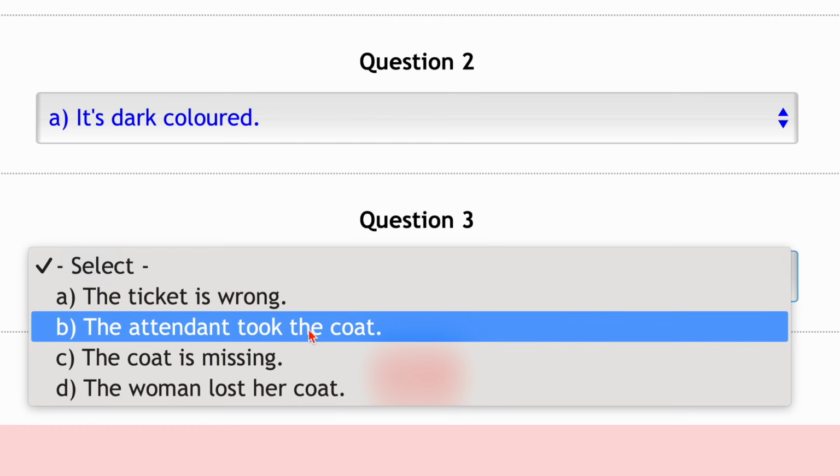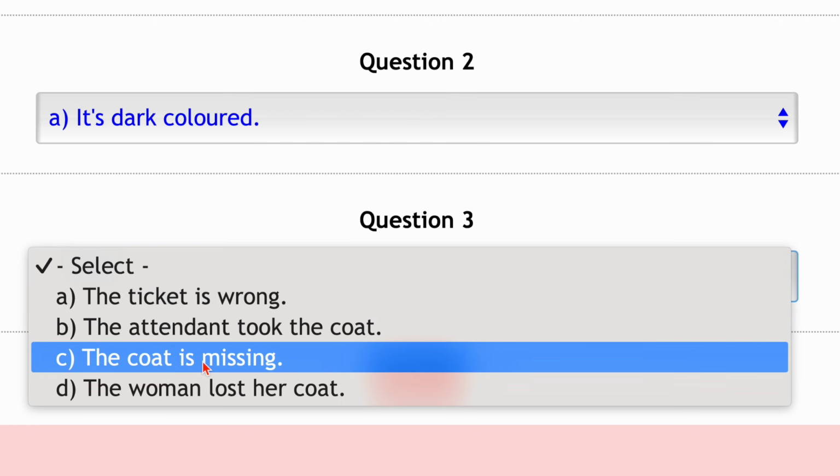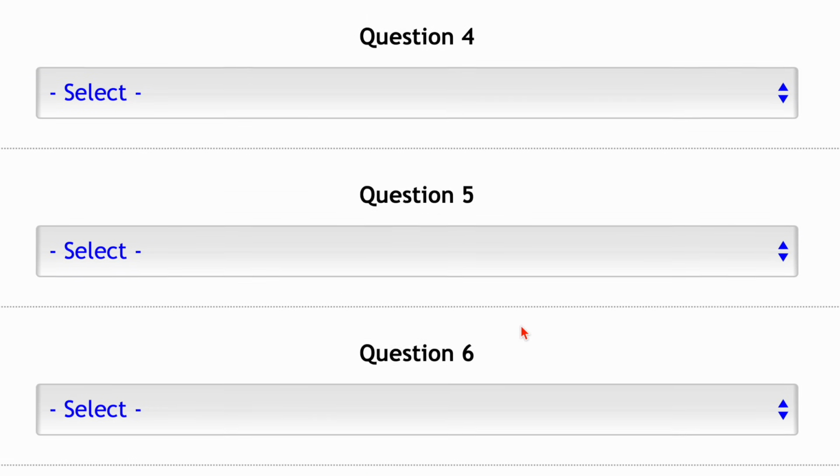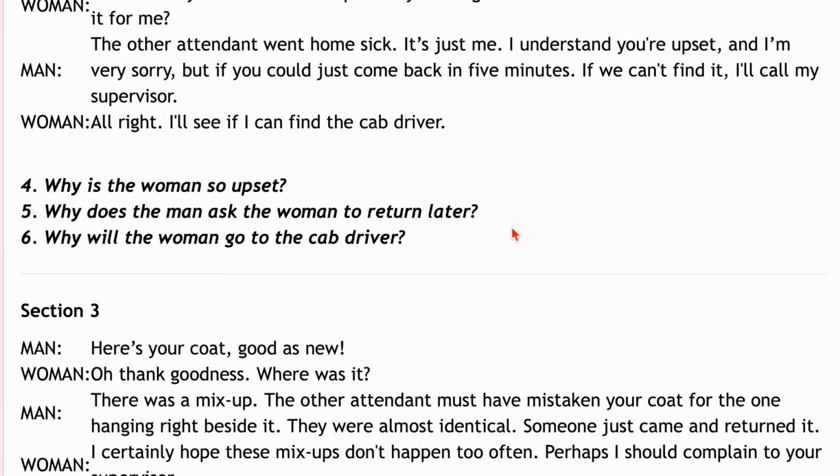No, he didn't take it. The ticket is wrong, maybe, but more correctly, the problem is that the coat is missing. They can't find it. Okay? All right. Let's go on to number 4. Why is the woman so upset?